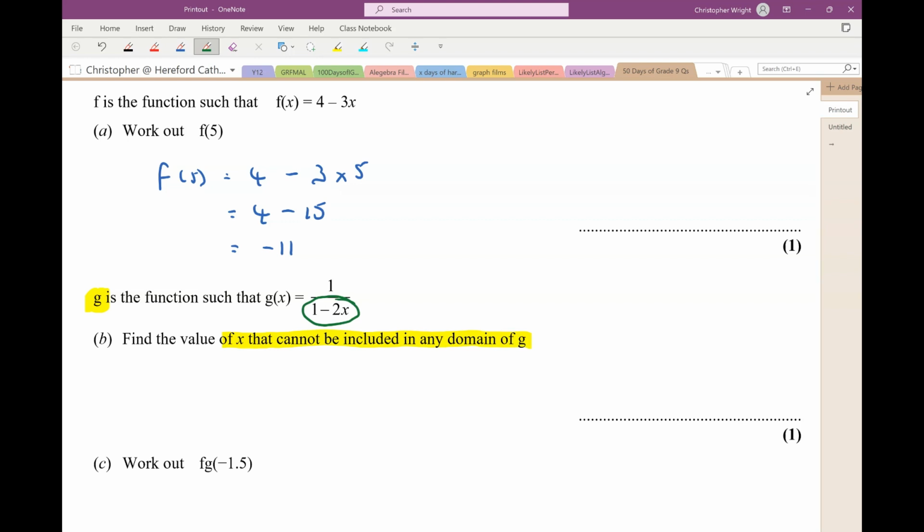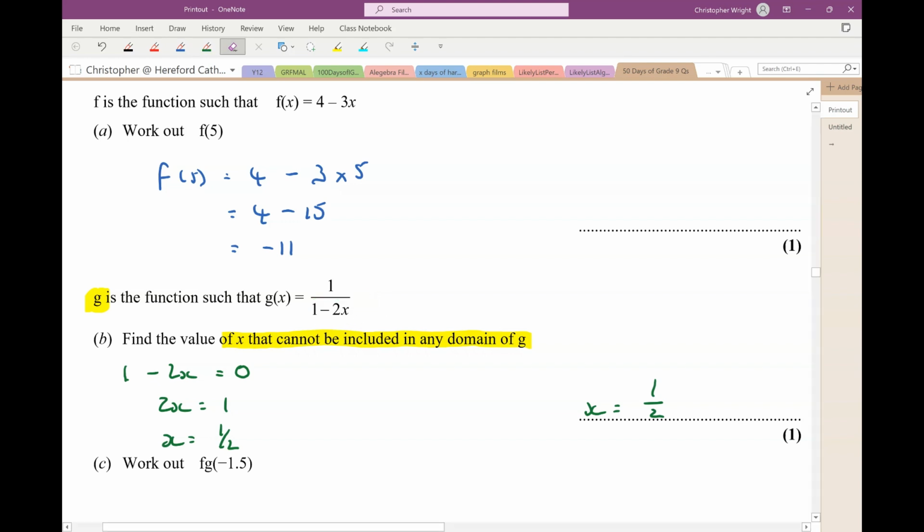So I need to know what x's will make the denominator 0. So what x's solve that equation? Well, I'm going to have 2x equals 1, so x equals a half. So the value of x which cannot be included in the domain is x equals a half.